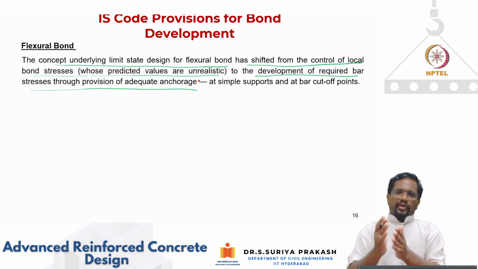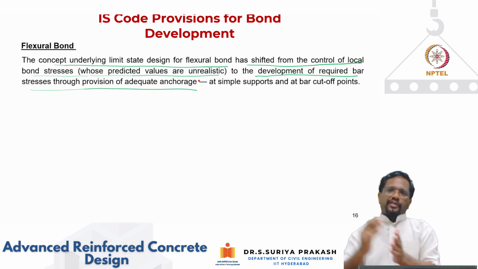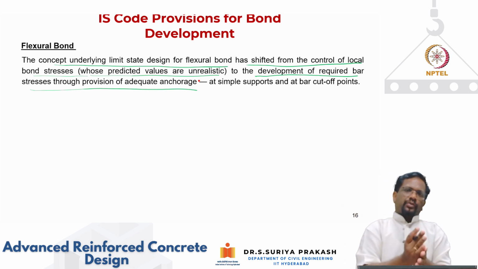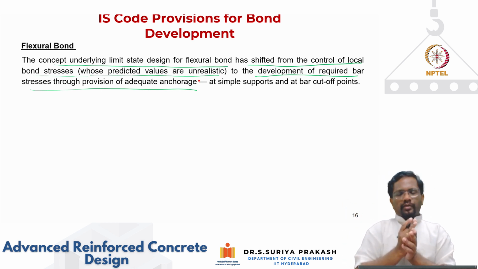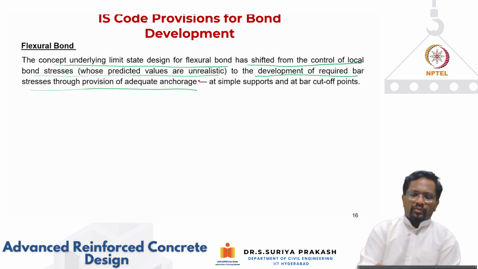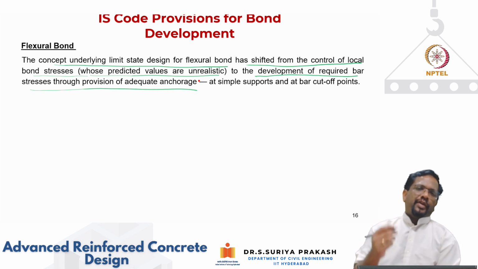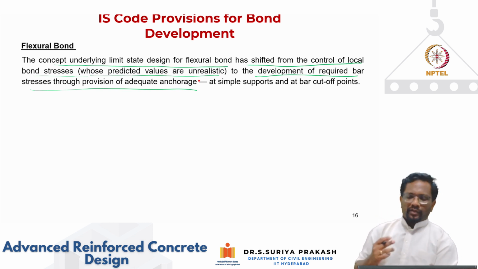But you cannot cut them immediately. You have to cut or extend by a certain length to develop the forces you need for the bending moment. So in a nutshell, flexural bond is taken care of by making sure that the development length is adequately considered and proper anchorage for the bars is provided.